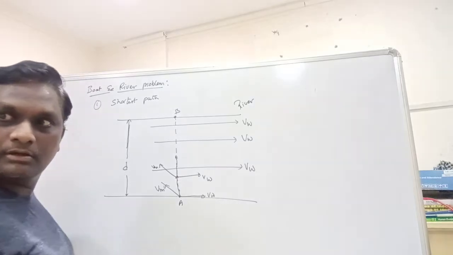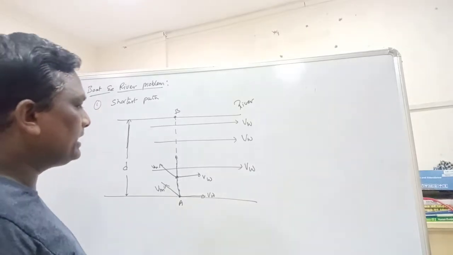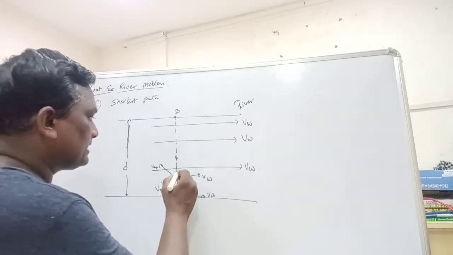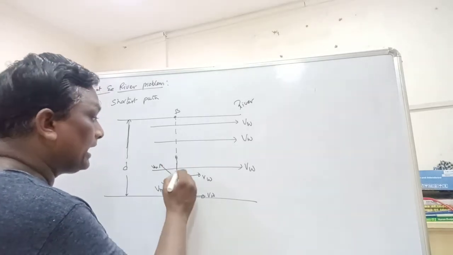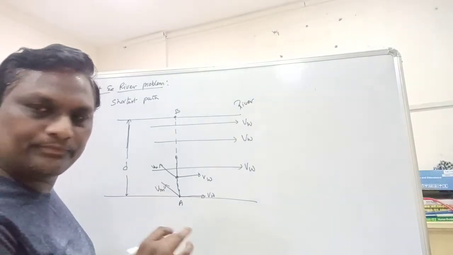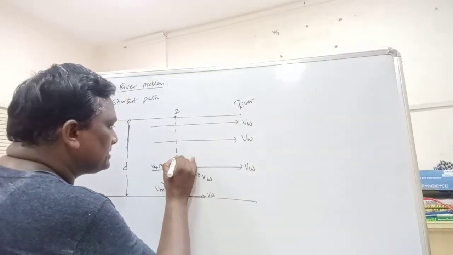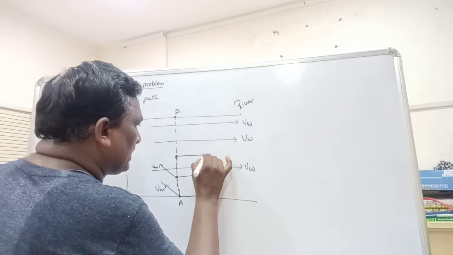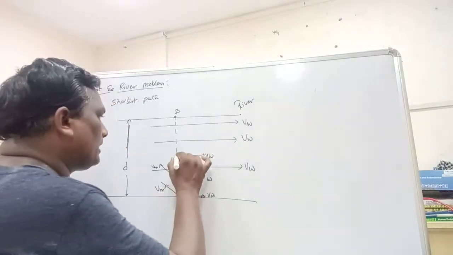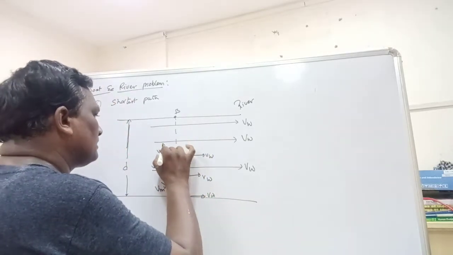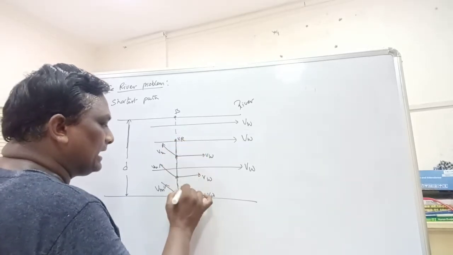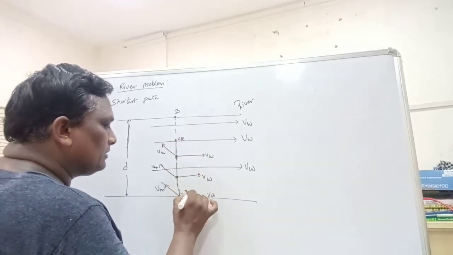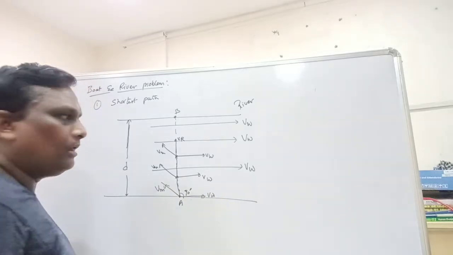Which one is 90 degrees? The resultant vector. The resultant vector always makes 90 degrees with respect to the water velocity. This is the water velocity, and the man has to swim in this direction. The resultant velocity will come, and it always makes an angle of 90 degrees with respect to this horizontal.